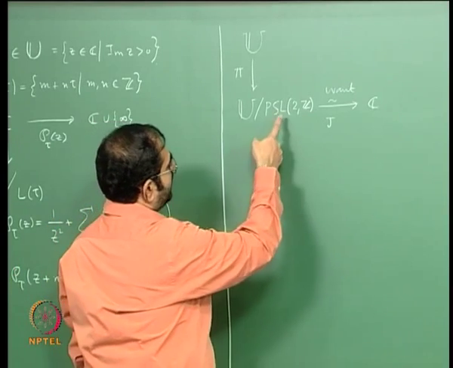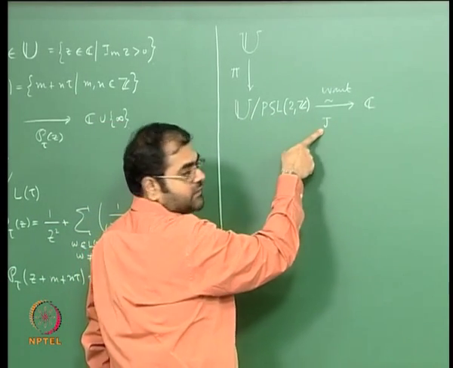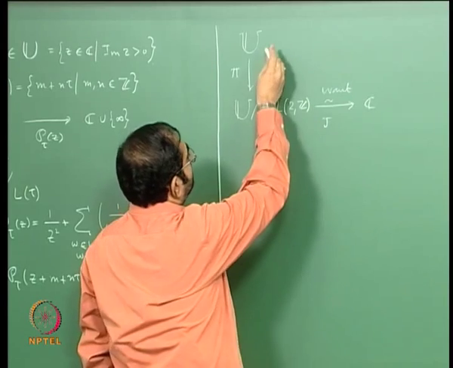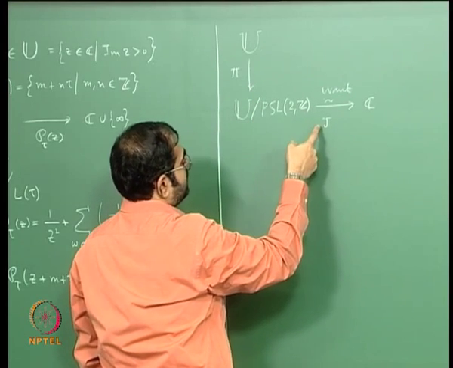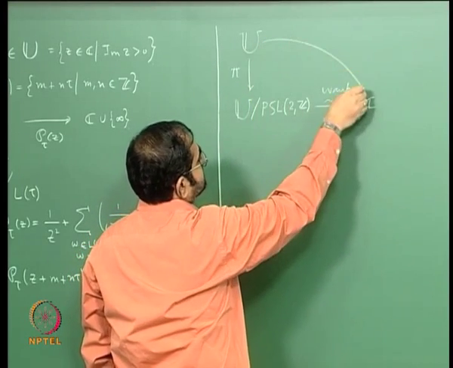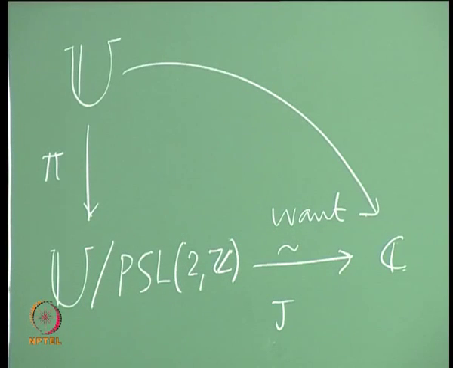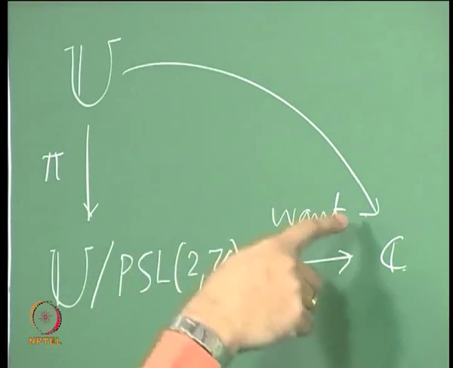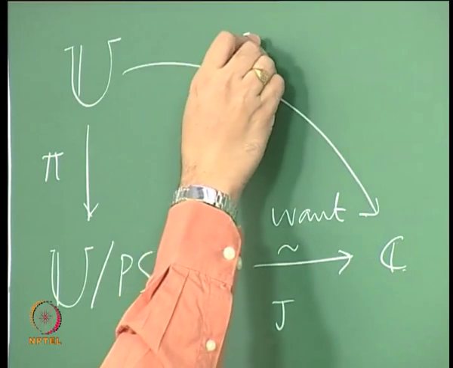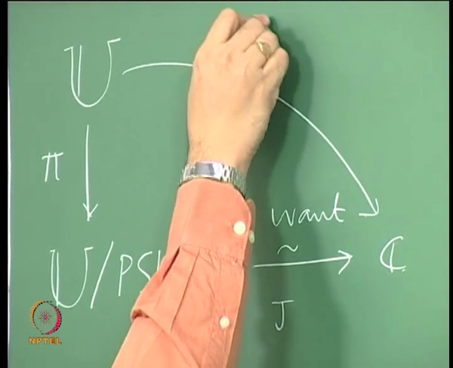But of course, constructing a function like this would mean in particular that you have a function like this. Suppose I call this function J tilde.